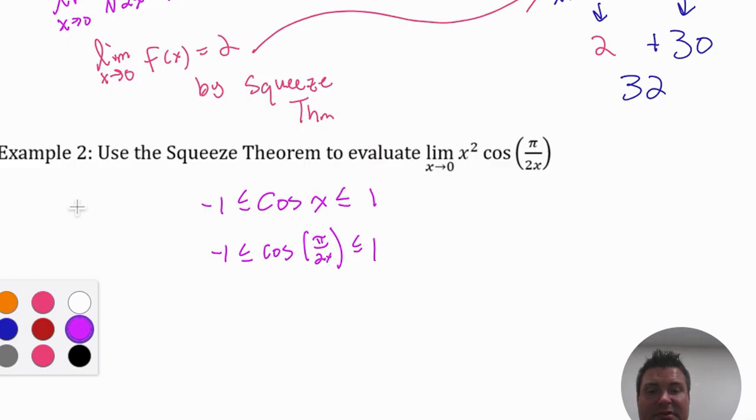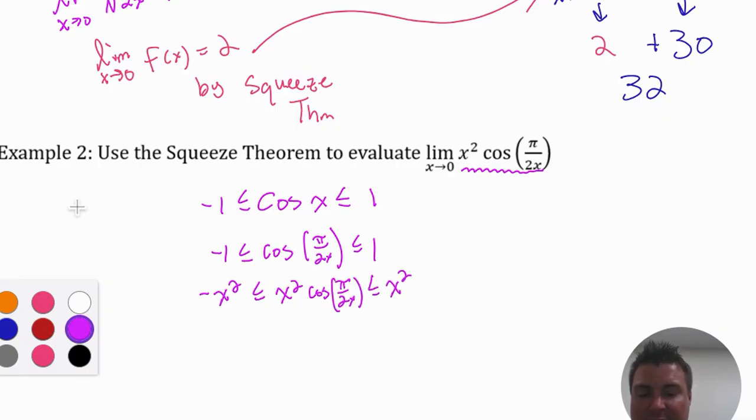I'm trying to, if you can tell, make this appear to be what I just underlined right there, x squared cosine of pi over 2x. The only thing that's missing now is if I can multiply everything by x squared, and then we're going to get this compound inequality right here. So now I have the Squeeze Theorem set up.